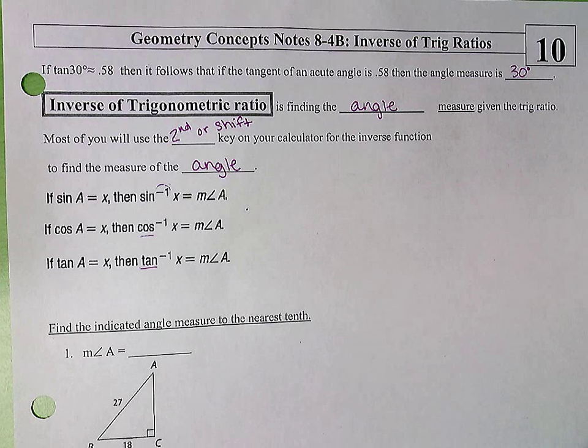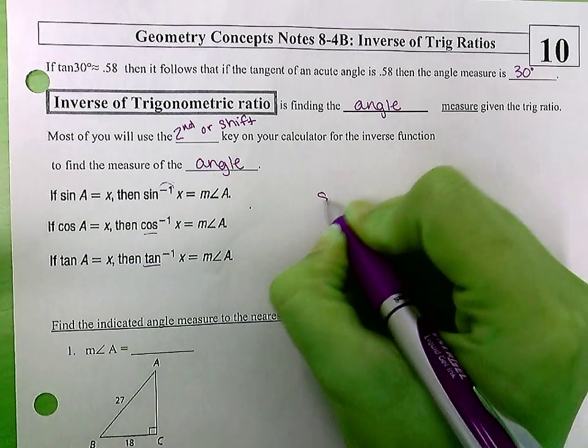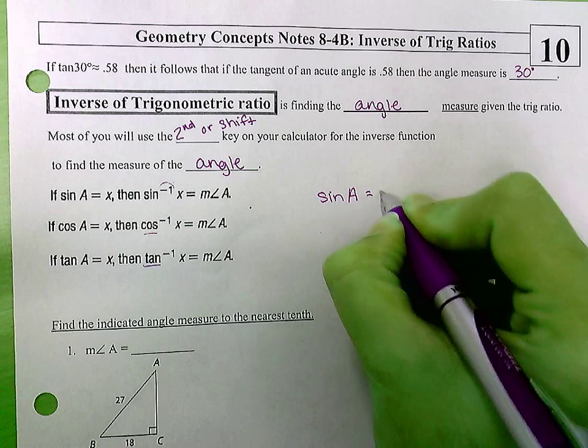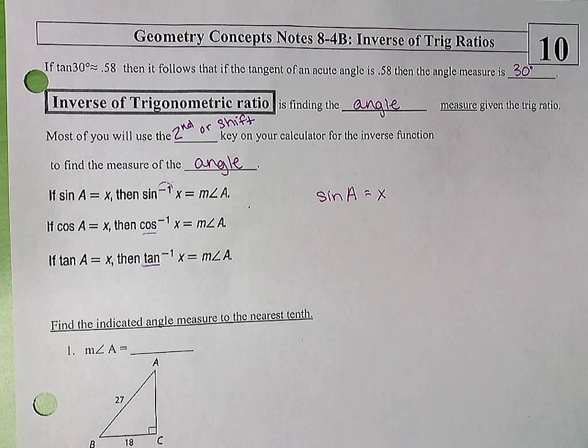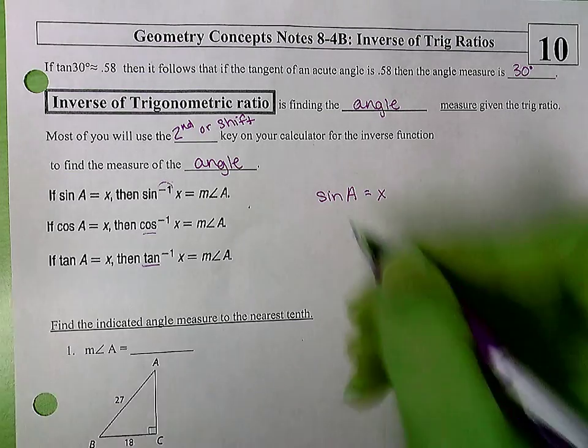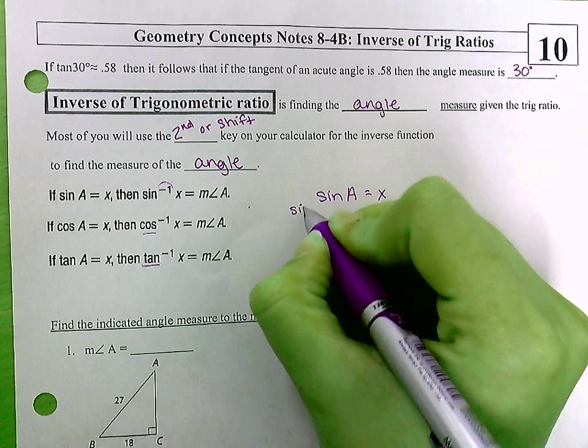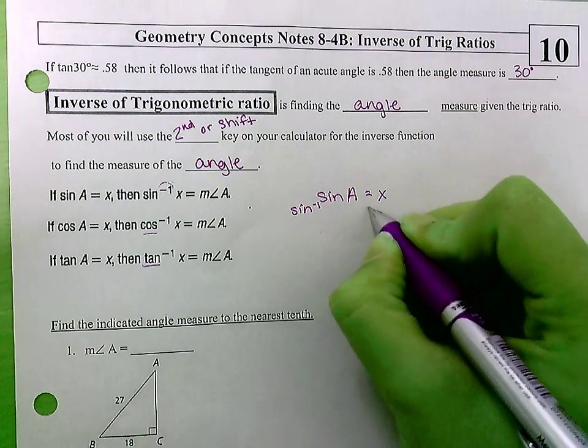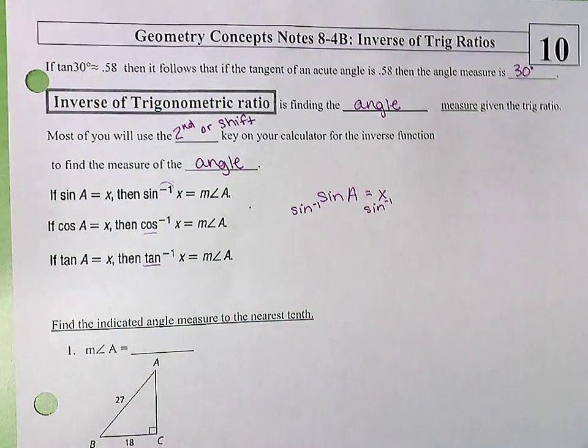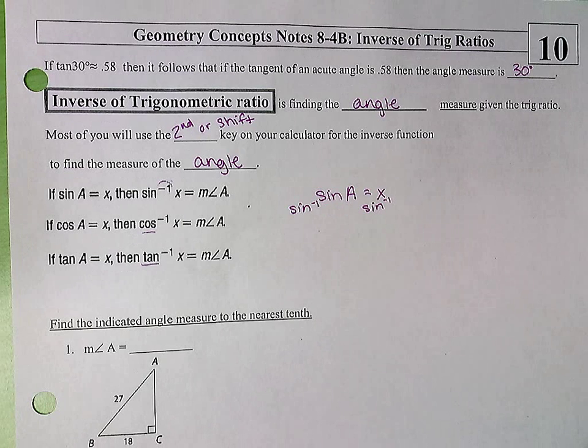It's an inverse. So how they're doing this: if I start with sine of A equals x, and say I want to find A, I'm solving for capital A. What they're doing is bringing in this sine inverse to both sides of that equation.